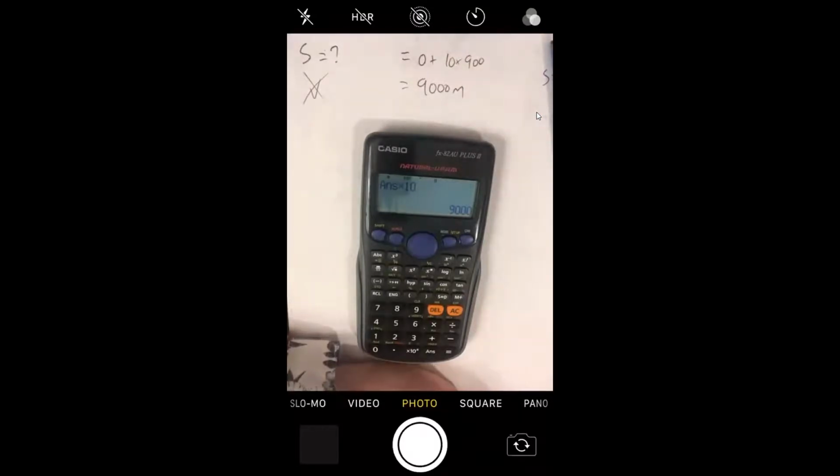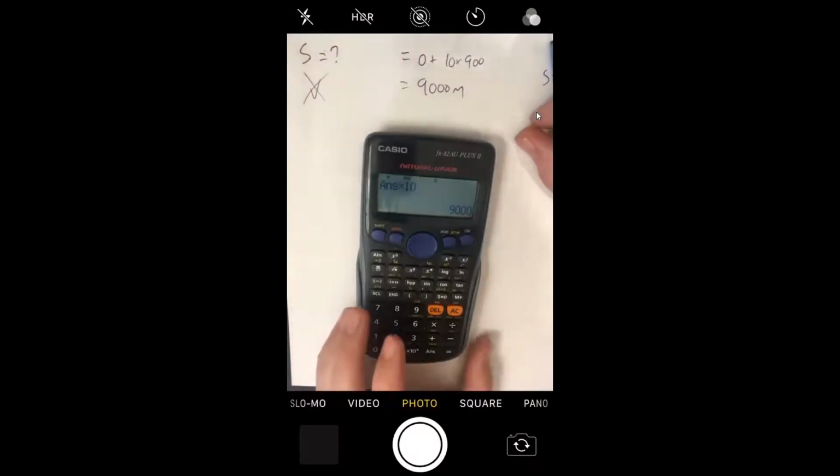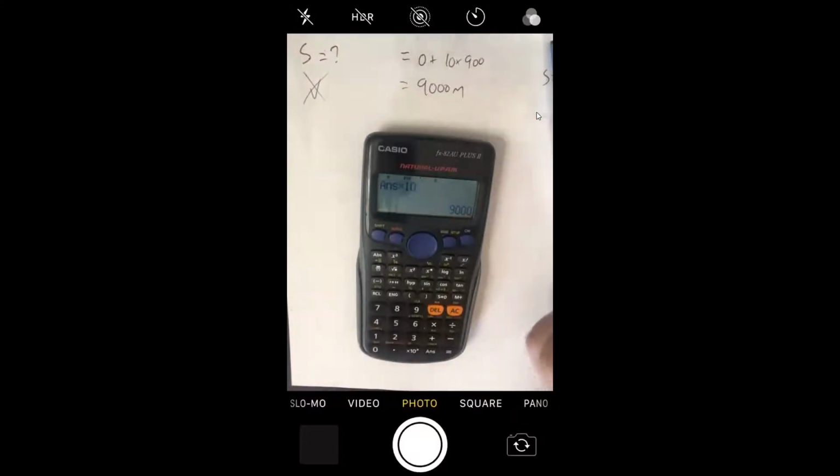It says how far will the car go, so that's actually good enough. I don't actually need to work out a direction, but if I did, I would probably just say forwards. But it doesn't matter too much because everything's lined up perfectly.